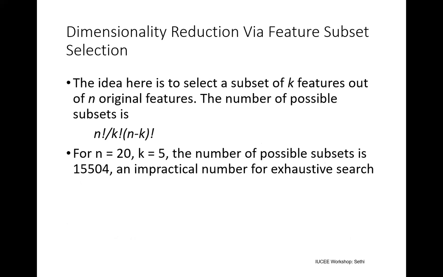All right, let's look at another way of looking at dimensionality reduction. See, what we did so far in PCA or SVD is that we try to transform data or approximate data by doing some kind of matrix factorization.